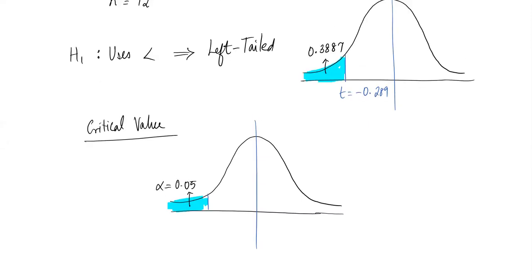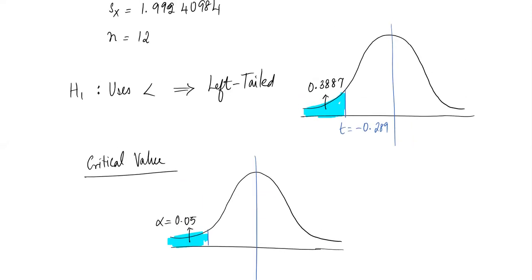Let me reiterate in this section: with the p-value, you use the test statistic and then use the table to find the p-value, or you could use technology to get that answer right away. But in critical value, we first use the area, we use alpha, and then find the t-value.